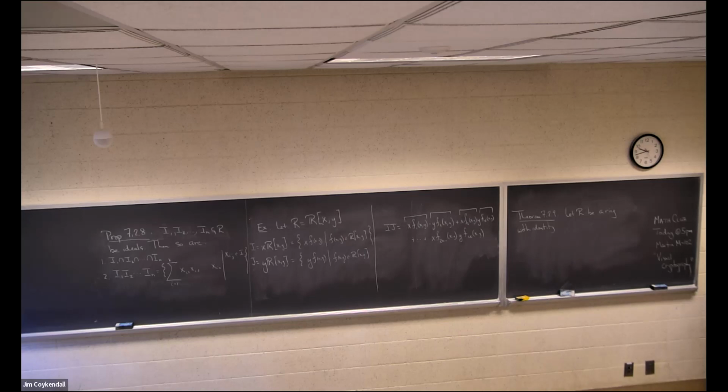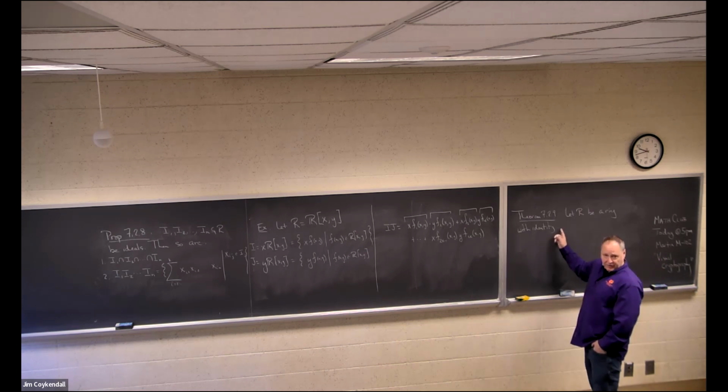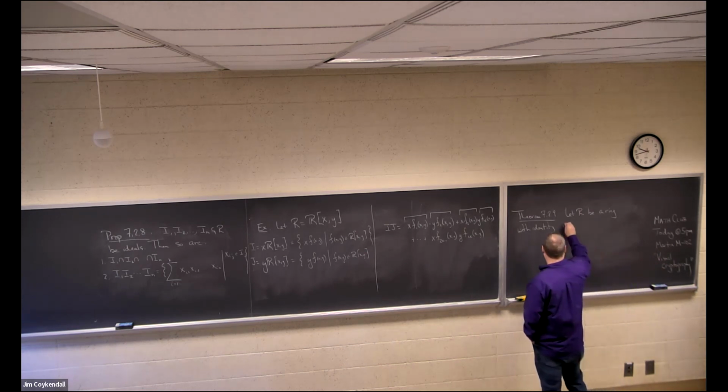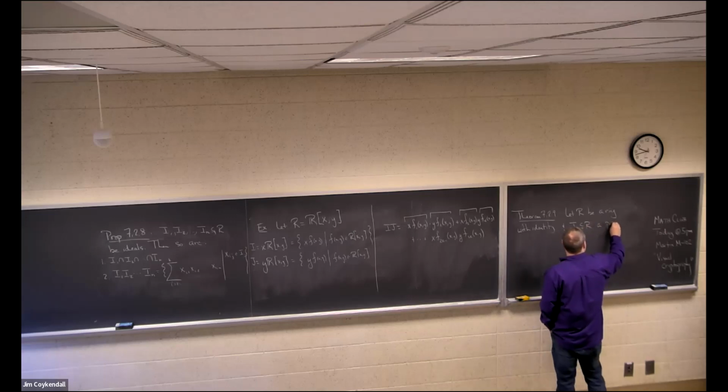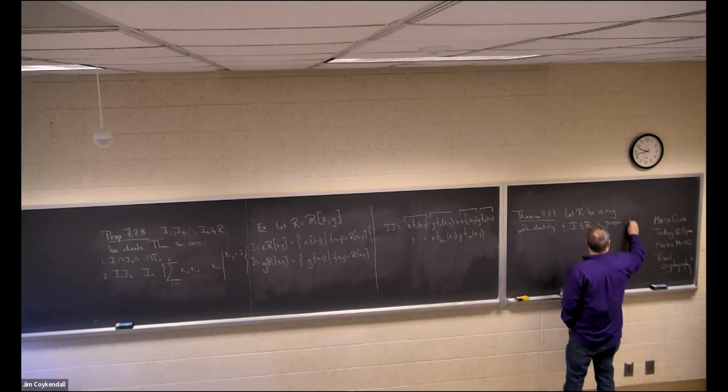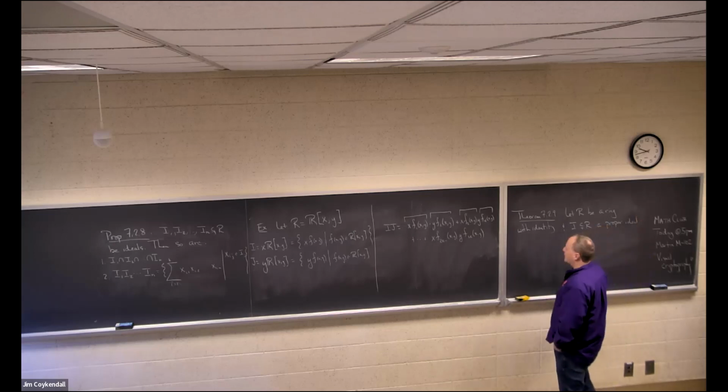But again, for practical purposes, you can assume that rings are commutative. The important thing is that the ring actually has a 1.